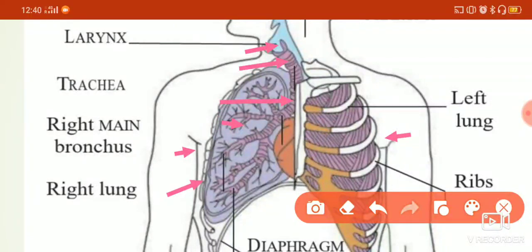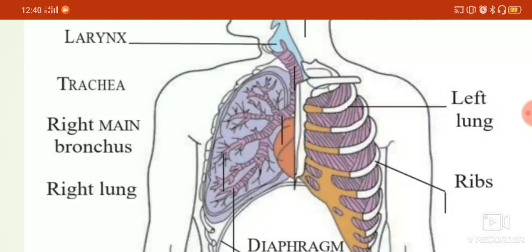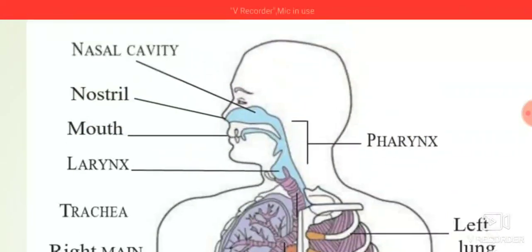These are the parts of the lower respiratory system. Here we will start from the nose.